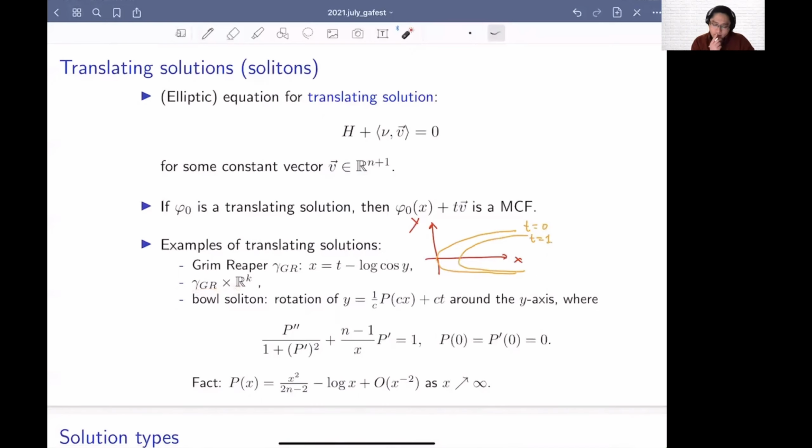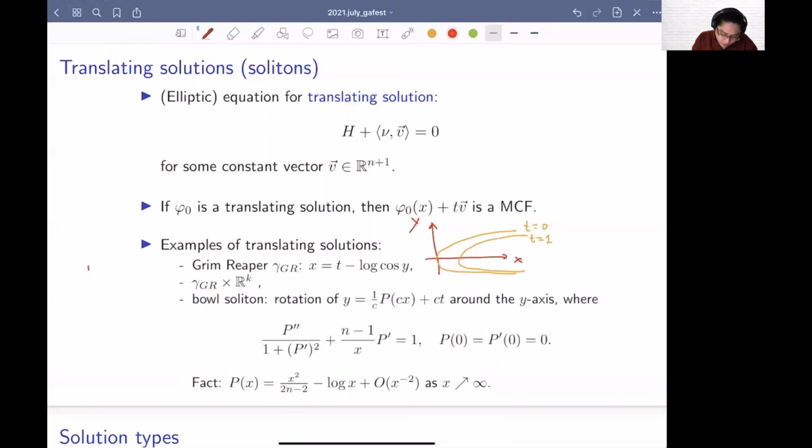But on the other hand, in higher dimensions, there is another class of translating solutions. They are rotationally symmetric. The Grim Reaper hyperplanes are not, but this so-called bowl soliton is. So let me again try to draw it.